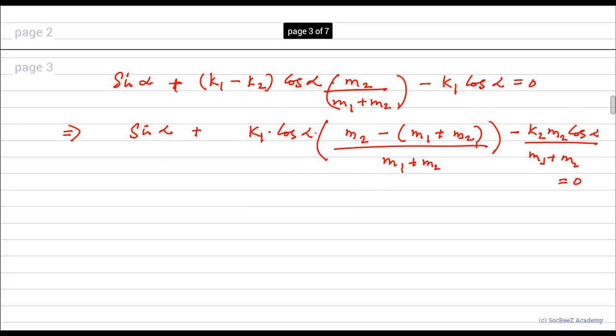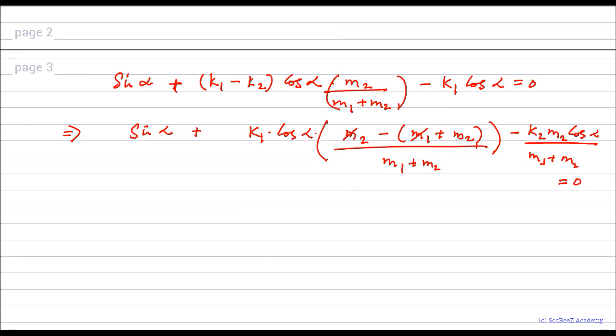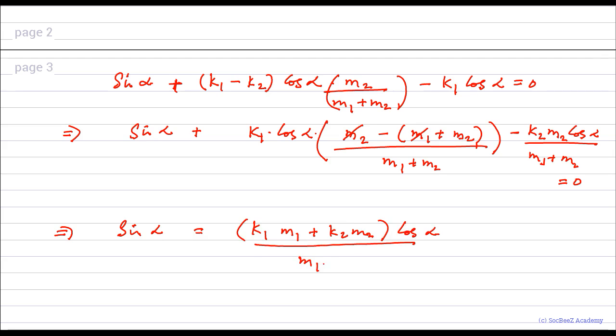Okay, so I get m1 cancelled here. Okay, so this becomes sine of alpha equals k1 m1 plus k2 m2 into cos of alpha upon m1 plus m2.